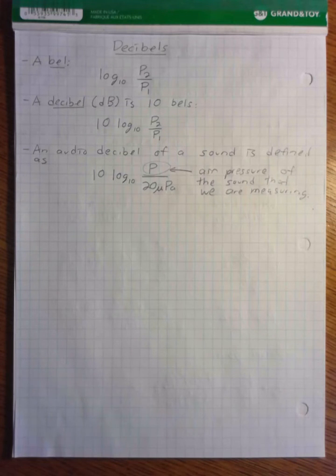But for the rest of this lecture, we're going to stick to ratios of electrical powers in a circuit when we talk about decibels. That's typically how most engineers use decibels, to express a ratio of electrical powers delivered to some kind of load resistance.